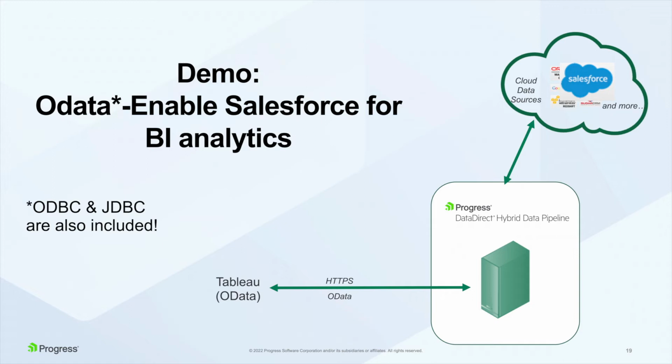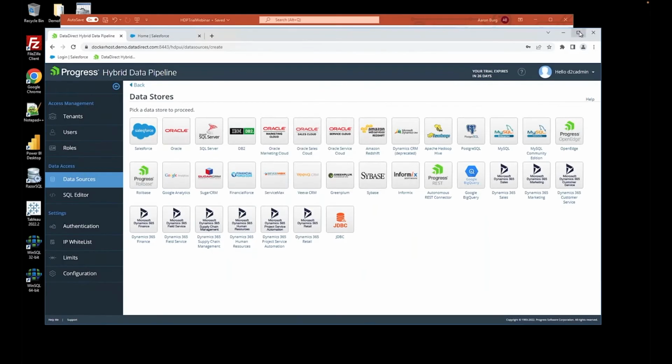And then we'll bring that OData URL into Tableau and take a look at it. I do want to point out that while we're specifically speaking about OData today in this webinar, we do have ODBC and JDBC hybrid drivers, which can also be used for tools that use OData, or if you have a reason to want to use SQL as opposed to OData.